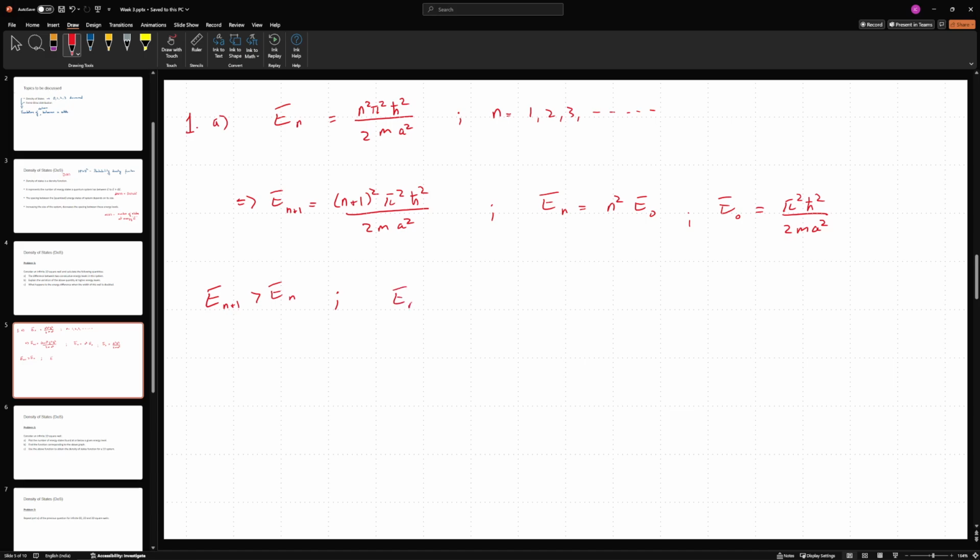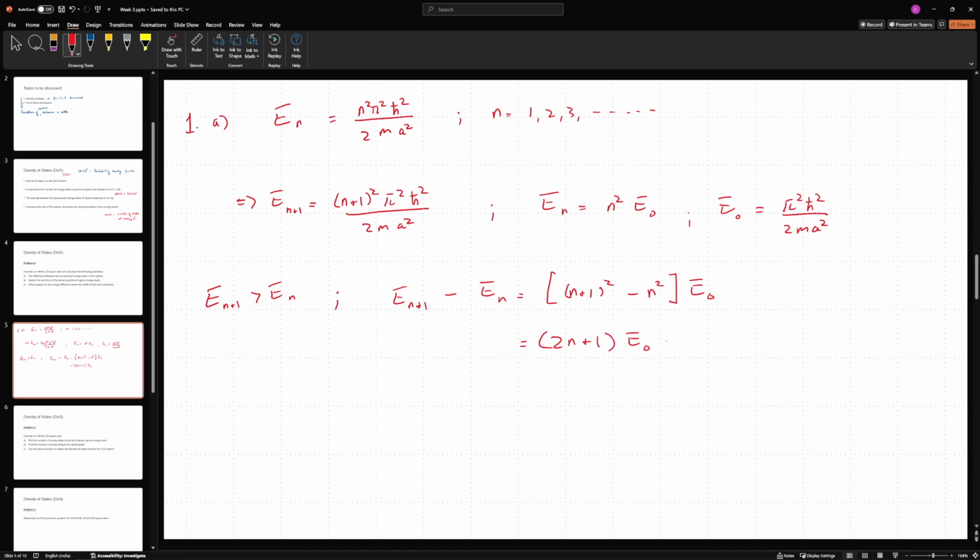Now, therefore, E_(n+1) minus E_n is nothing but (n+1) the whole squared minus n squared multiplied by E naught. And this comes out to be (2n+1) E naught.